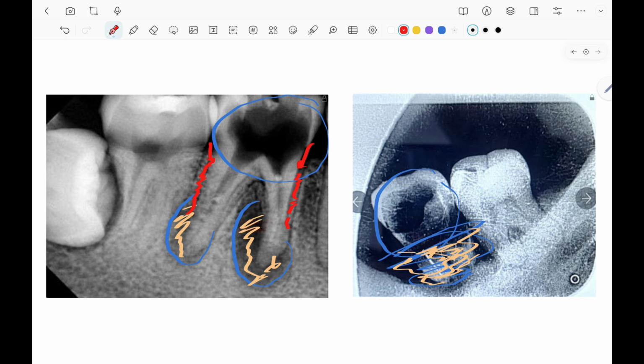In the second scenario, in your second case, you're giving the intraligamentary injections here. Now, what happens is, because there is no bone over there, all this area is free and ready to receive the anesthetic liquid that is given.